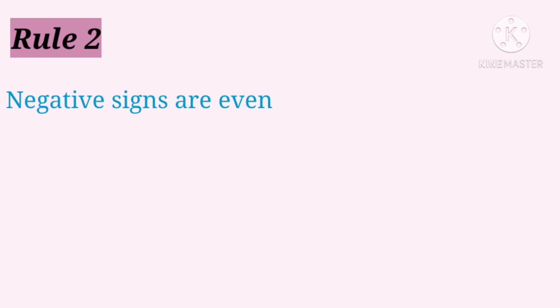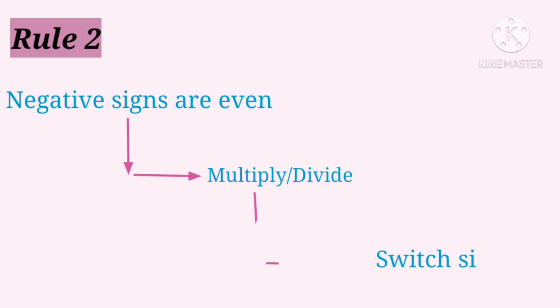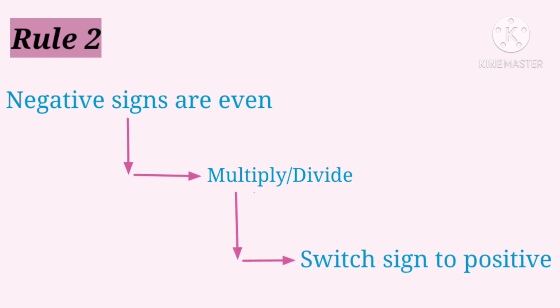Now let's take a look at rule number 2. When multiplying or dividing integers with an even number of negative signs, the answer will always be positive. So we simply carry out the arithmetic operation and switch the sign to positive. For example, negative 6 times negative 2.